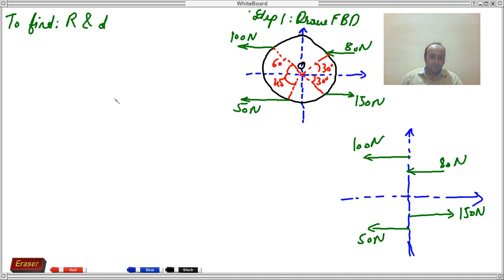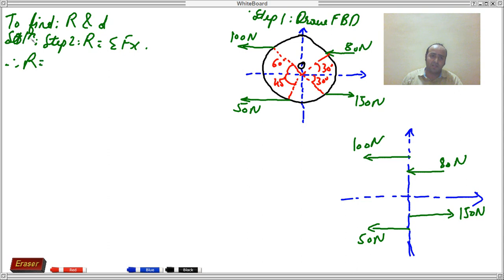Now my dear friends, let us go for the solution of this. Step number 1 is done. So step 2, solution. Since it's a horizontal force system, all the forces acting in horizontal direction, that means it's a parallel force system. R is equal to summation Fx.